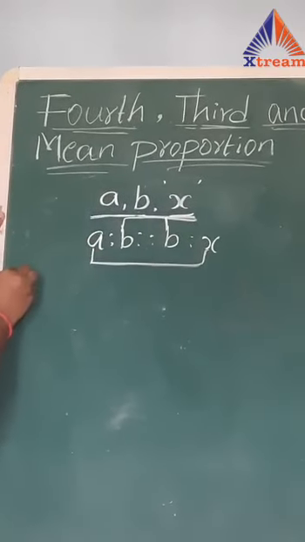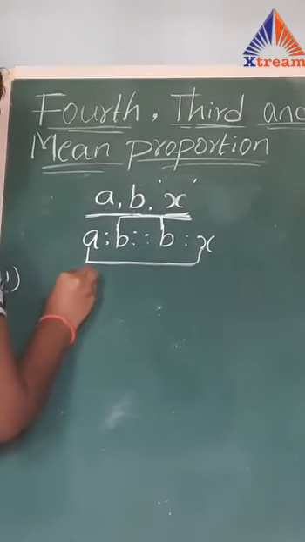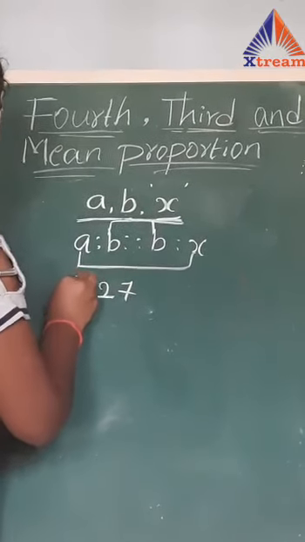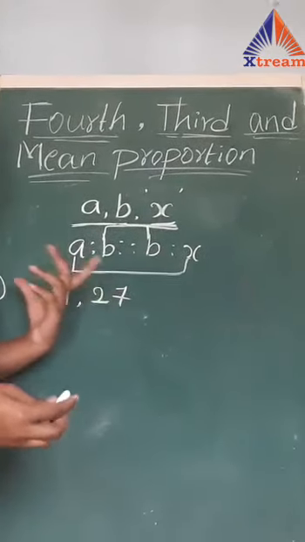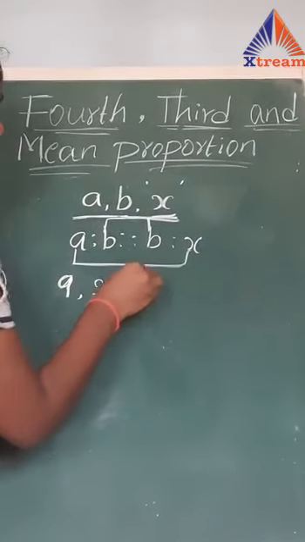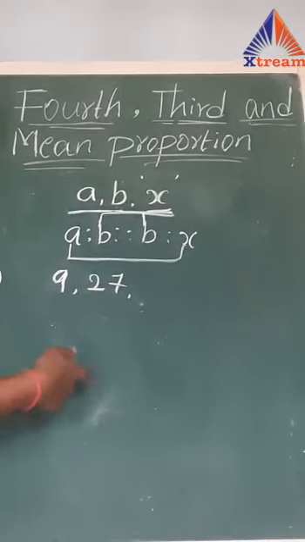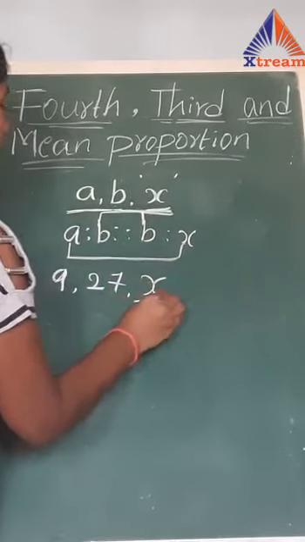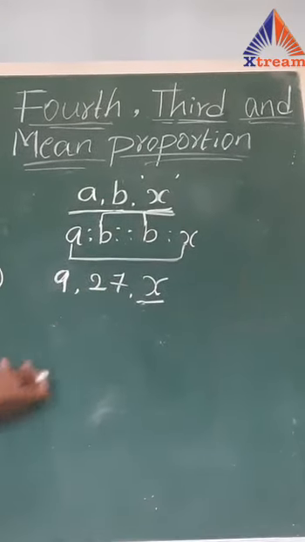Now let's take the numbers 9 and 27. As they have given only two numbers here, we take the third number as x, since we don't know that value.